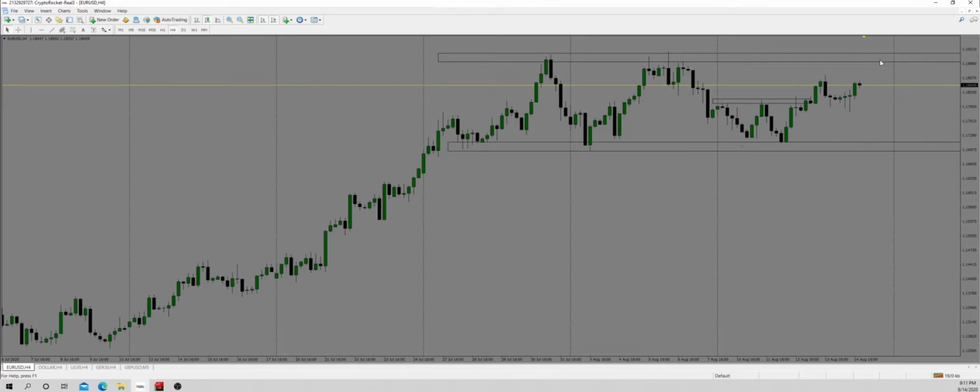So if it gets up here and it gives you something like that, it breaks up, breaks down a little bit, goes back up, and it can't break on top of these wicks.